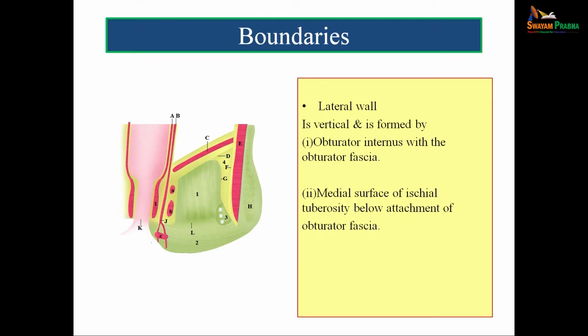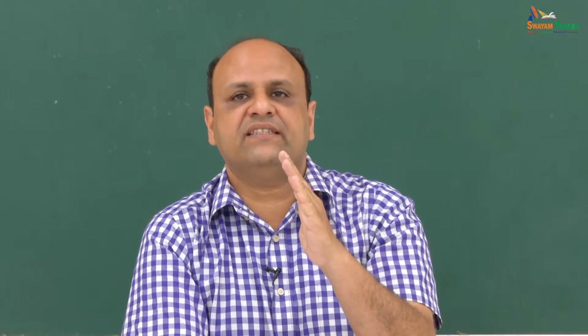The medial surface, which I told you is oblique, has a different orientation. So once again, the lateral wall is vertical and is formed by obturator internus and the obturator fascia in the upper part. In the lower part, we have the medial surface of the ischial tuberosity. So there are two structures lying in the lateral wall of the ischioanal fossa.